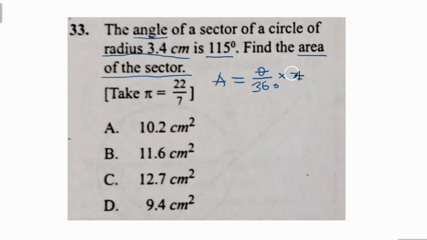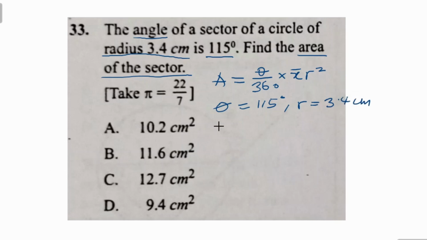So the formula for the area of a sector, let's call it A, is theta over 360 multiplying the area of a circle, which is pi r squared, and theta is the central angle made by the sector. So in this case, that central angle, which we are calling theta, is 115 degrees, and the radius of the circle is 3.4 centimeters.